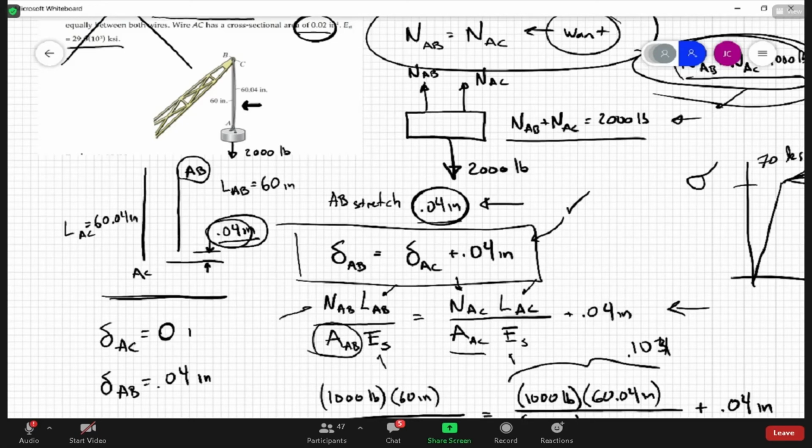Forget about the forces, but kinematically, when we just start to tauten up wire AC, this is the displacement condition, and the compatibility condition has to be satisfied. Does it? Well, if delta AC is 0, AB does equal 40 thousandths of an inch. So it's correct. Does that make sense?